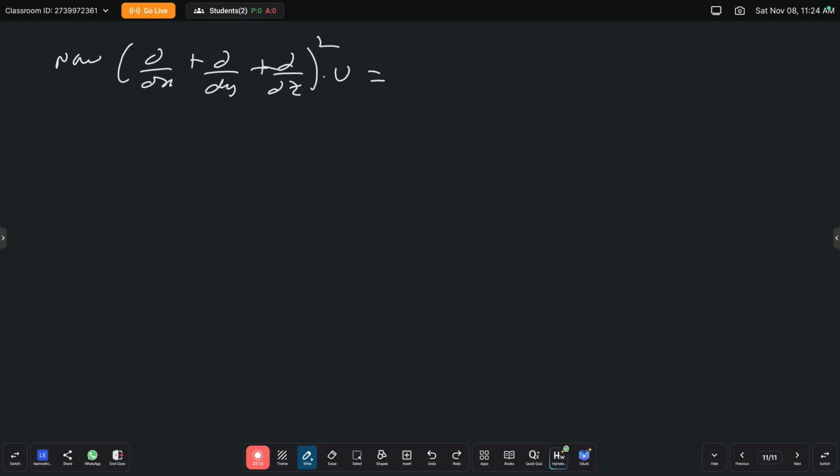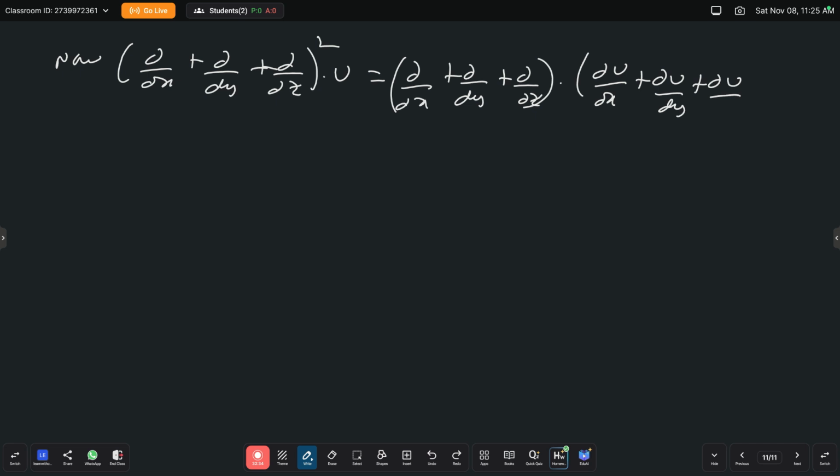Okay, now you can write (∂/∂x plus ∂/∂y plus ∂/∂z) squared as, again, we can write (∂/∂x plus ∂/∂y plus ∂/∂z) into (∂/∂x plus ∂/∂y plus ∂/∂z) of u, which is (∂/∂x plus ∂/∂y plus ∂/∂z) into (∂u/∂x plus ∂u/∂y plus ∂u/∂z).